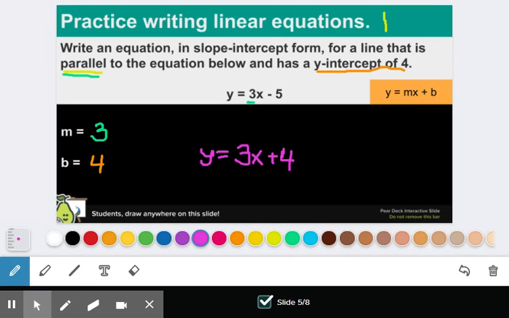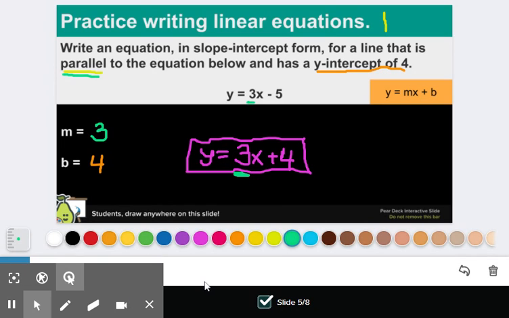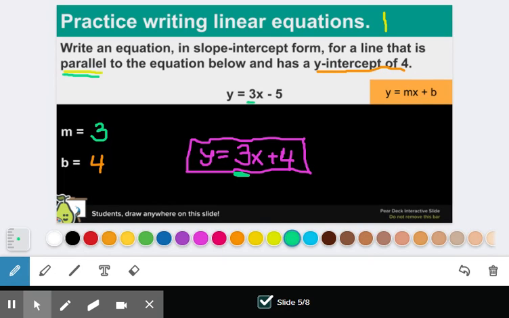And then our 4 is positive that they gave us in the problem. So there is your line that is parallel to the one they gave us. And again, I know it's parallel because they have the same slope. I'll give you just a second to go ahead and either screenshot or pause so you can work on that for a minute.